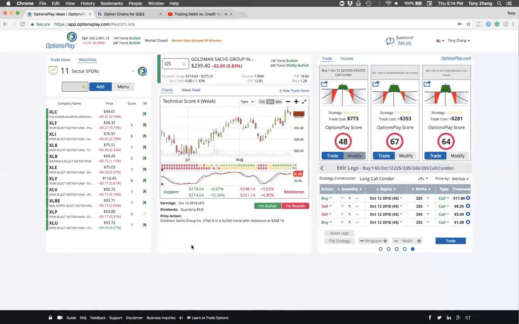But keep in mind, iron condors and call condors and put condors are really just constructions of two either debit spreads or two credit spreads together. Generally speaking, you don't ever find that a stock is oversold and overbought at the same time. So you either find it's overbought or it's oversold. So you want to leg in and out of these condors, in my opinion.